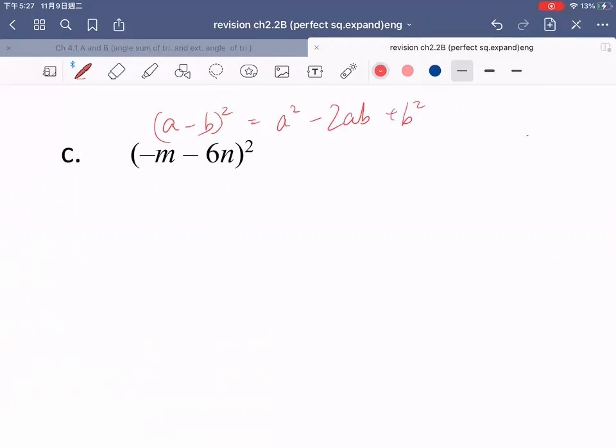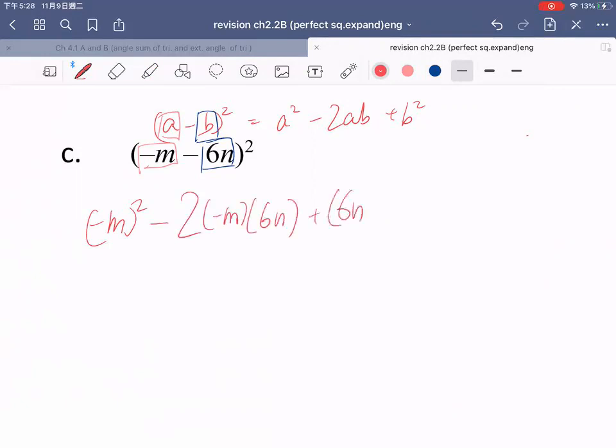So in fact, a is negative n and b is 6n. So we make the idea like this: (negative n) bracket square minus 2ab plus b square. So just like this one.